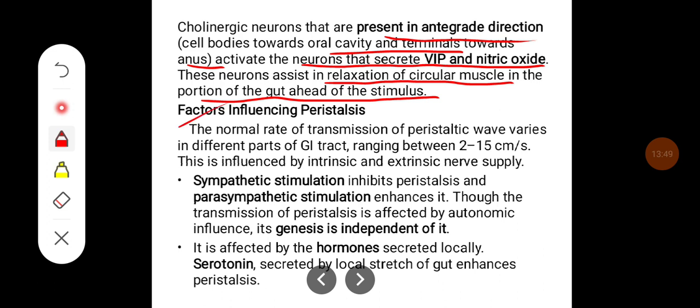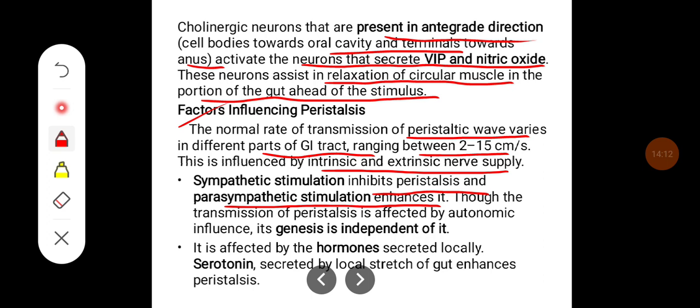Factors influencing peristalsis. The normal rate of transmission of peristaltic wave varies in different parts of the GI tract, ranging between 2 to 12 centimeters per second. This is influenced by intrinsic and extrinsic nerve supply. Sympathetic stimulation inhibits peristalsis and parasympathetic stimulation enhances it.